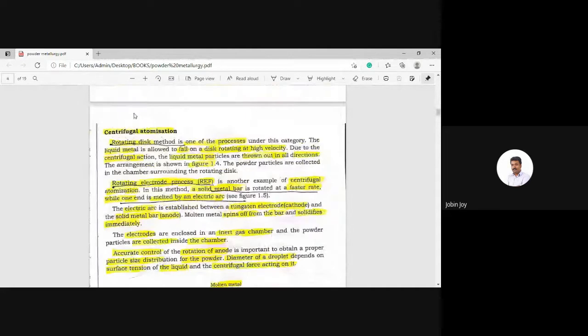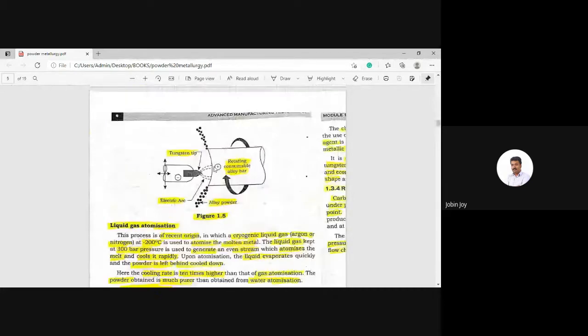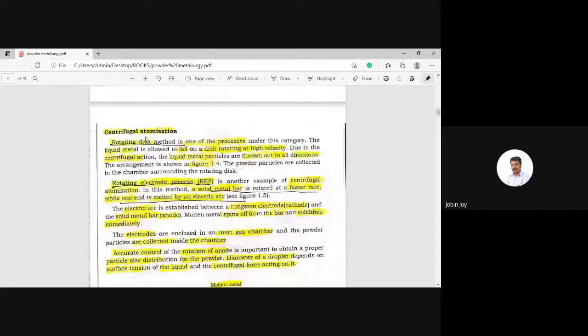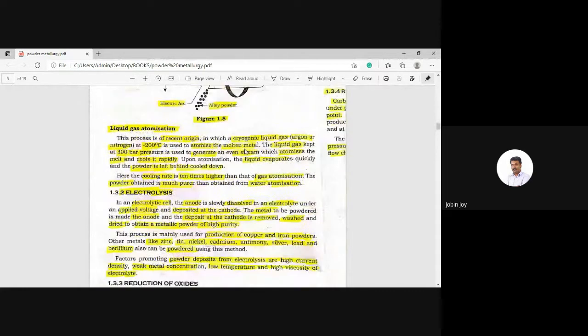Then centrifugal atomization, two methods: rotating disk method and rotating electrode process method. You have to draw both figures and explain this centrifugal atomization. And the last one is the liquid gas atomization, in which a cryogenic liquid gas at minus 200 degrees Celsius is used to atomize the molten metal.